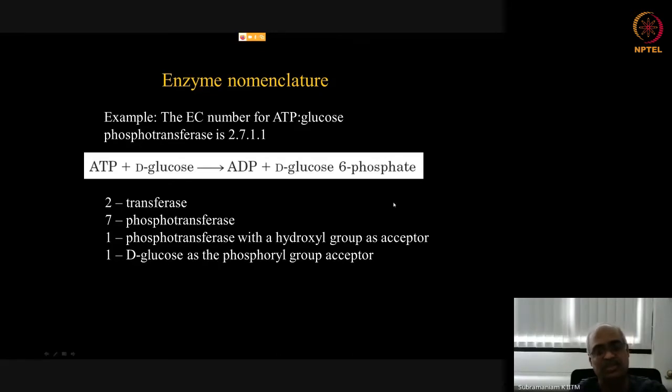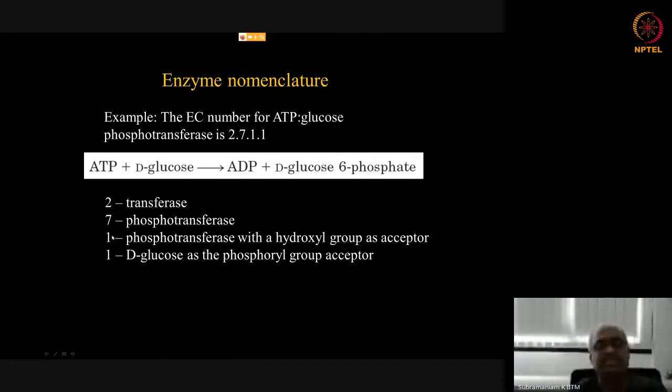So it is going to be an ester linkage. This phosphate is an acid and there is an alcohol, so an acid-alcohol reaction gives an ester. And when a phospho group is transferred to a hydroxyl group acceptor, that is subgroup 1 under subgroup 7. So therefore this is 2.7.1.